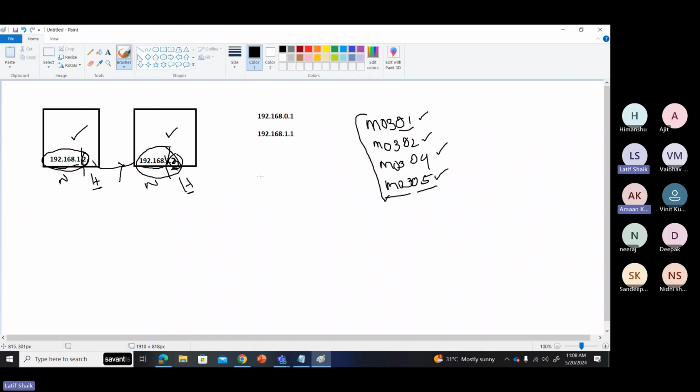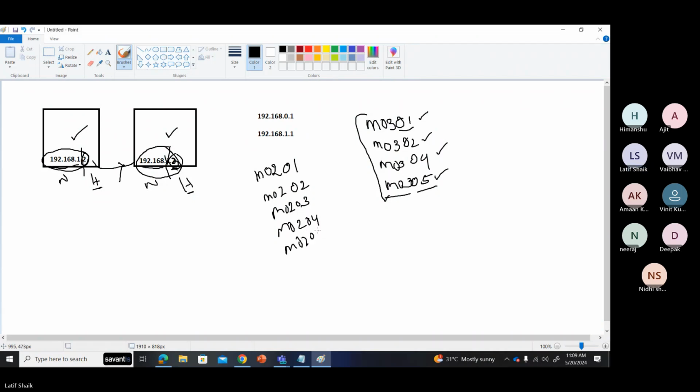Get it? For example, I have a Noida batch 2, and I give the same numbering there. Obviously, this is a different logical batch, and this is their identity.